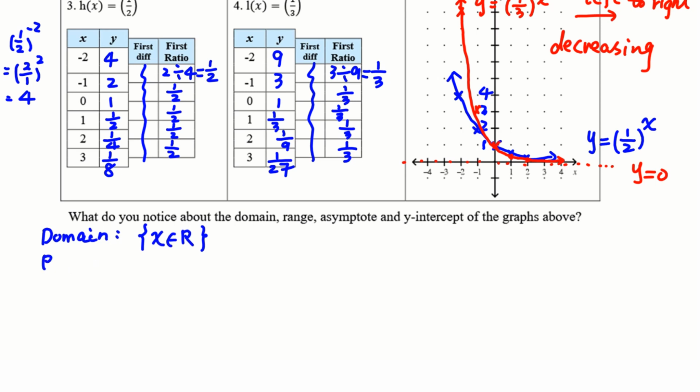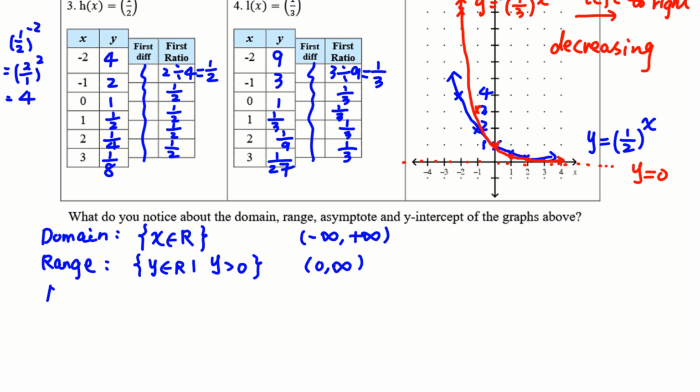And for the range, y is going to be positive and will never cross y equals 0. Also you could use interval notation: the range is 0 to infinity, and negative infinity to positive infinity for the domain.